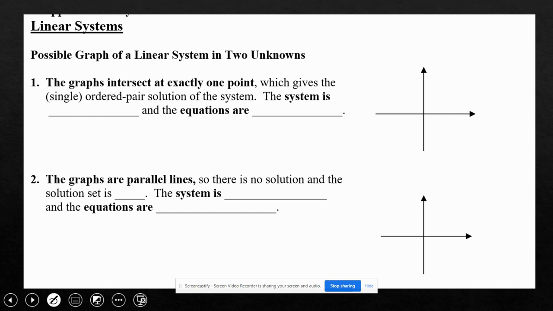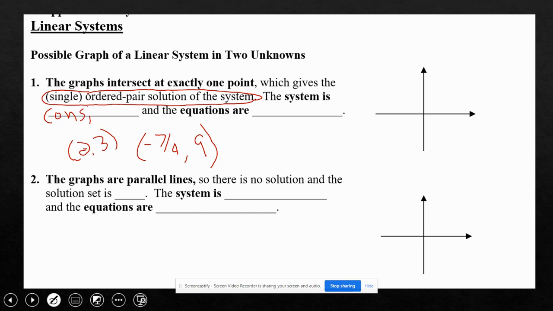The first type is when you have one single ordered pair answer, like (2, 3) or (-7, 4). This system is called consistent, and the equations are considered independent.